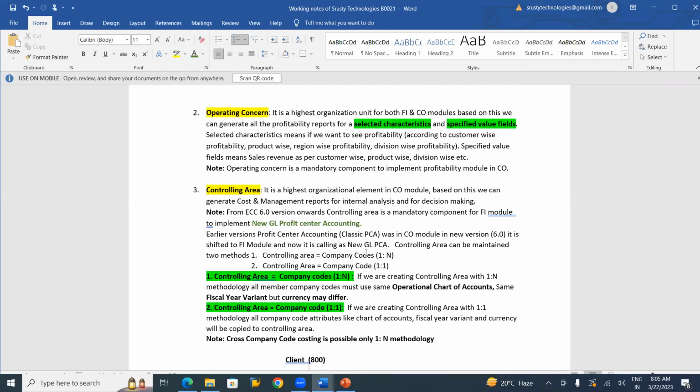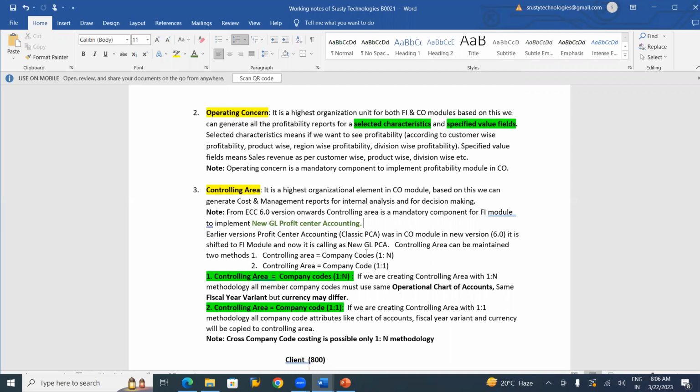As I said, still in Hyderabad and Bangalore, whatever training institutes are there, I'm not taking any specific name, they are still dealing with the classic GL version. They handle the profit center accounting part in the controlling module, not in the FI module, because it takes a lot of time to give the deliverables.